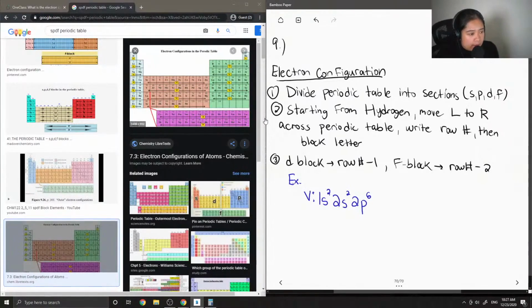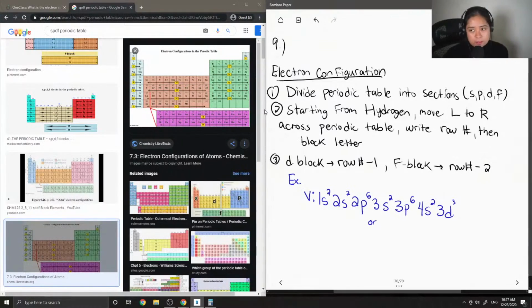Then down to the next row, we have 3s2, and then 3p6, and then 4s2. When we get to the D block, it becomes 3d, and we count up to vanadium: 1, 2, 3. So 3d3.